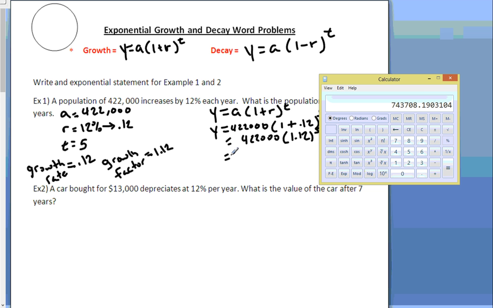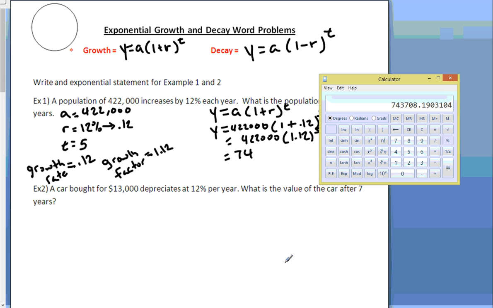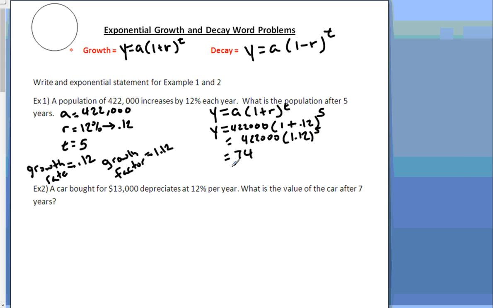I round it to the nearest whole number, so I get 743,708. Right? What does that mean? What this means is if I started with 422,000 people and each year the population grows by 12%, in 5 years I will have 743,000 people. Got bigger, right?